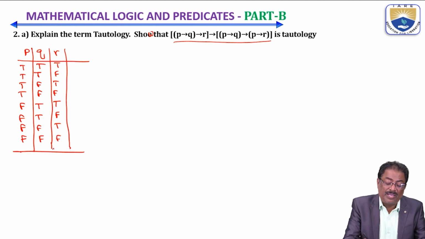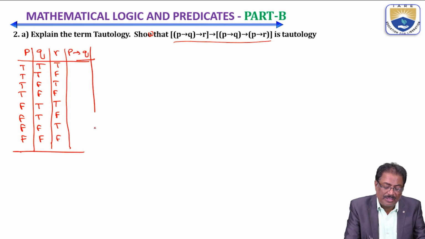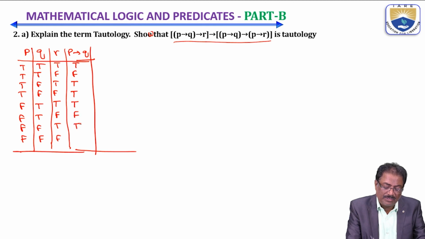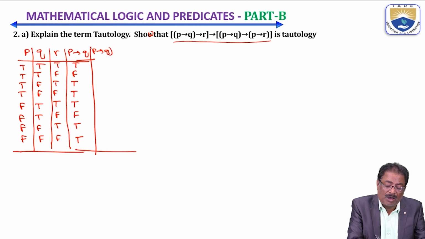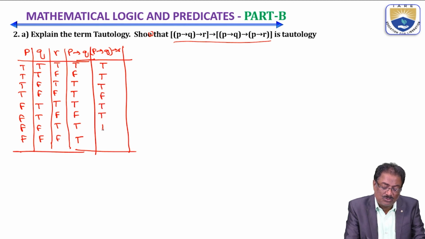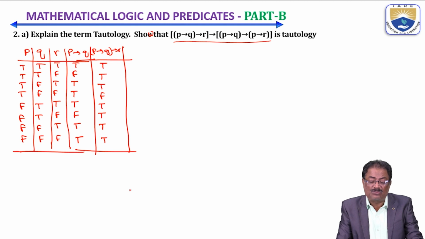Now we are going to verify. This is the first one. If P then Q. So if you consider true, then it is false, then it is true, then it is true, then it is true, it is false, it is true, it is true. Then P to Q, then R. So once again, we apply this one into this. So it is true, then this is also true, this is also true, it is false, it is true, this is also true, this is also true, and this is also true.